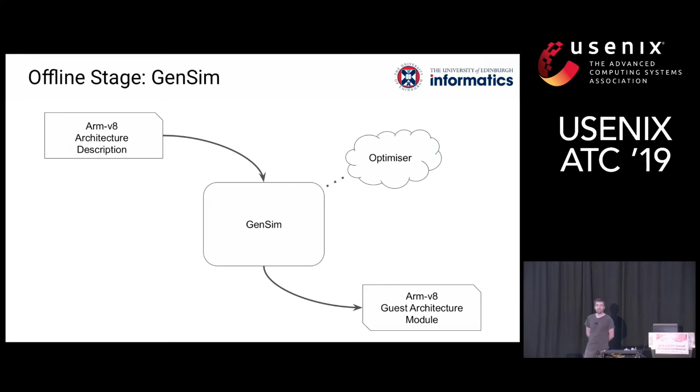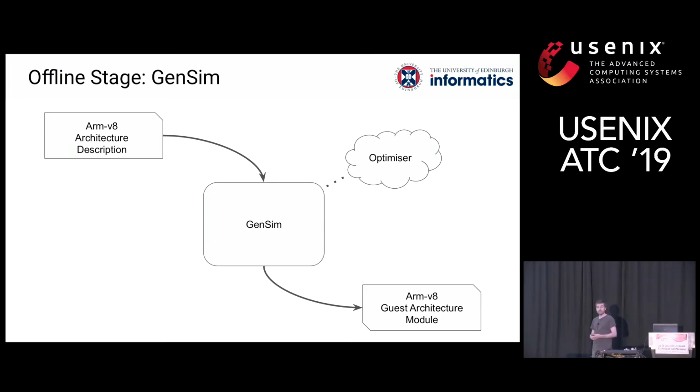So this is how Captive works, and there's two stages to it. There's an offline stage and an online stage. And the offline stage is all about producing the architecture module that implements the architecture that you're interested in. So you take an architecture description, which is a file that contains a list of the instructions and how they get decoded, and then a list of behaviors for those instructions. So each instruction has an associated behavior, which is written in a C-like language.